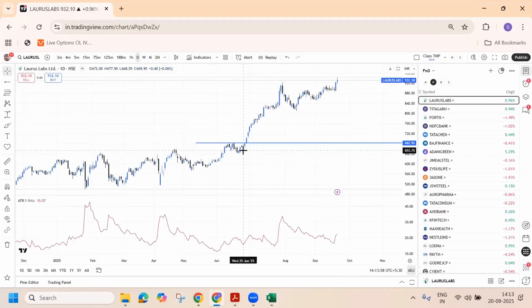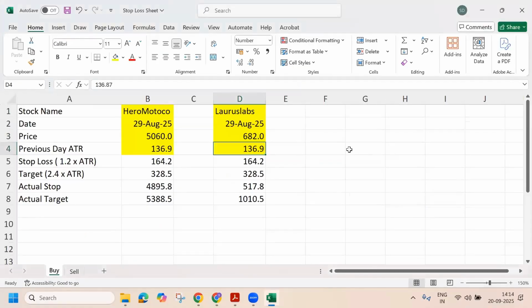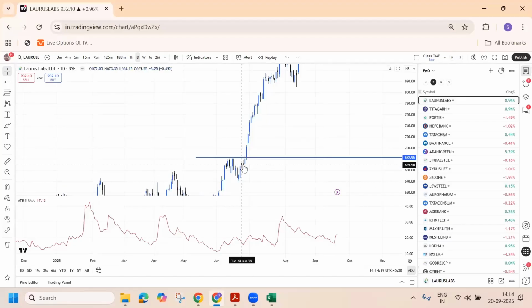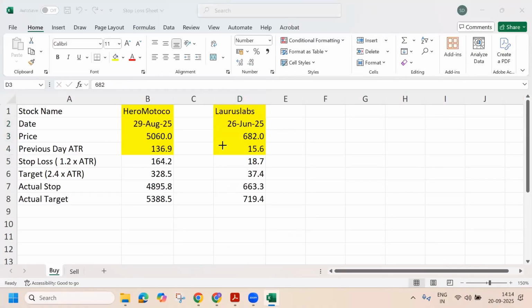What was previous day ATR? Previous day ATR. This was the breakout entry. Now previous day ATR is 15.57. Fine. I already need to change the date. My date is 26 June 2025.